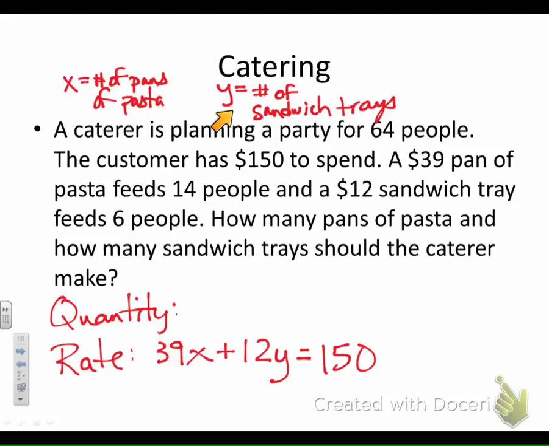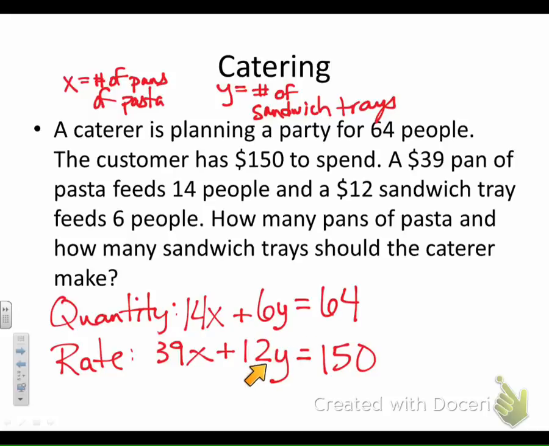How many people are served with each sandwich tray? 14 per pan of pasta, 6 people per sandwich tray, and I am going to be serving a total of 64 people. So sometimes a quantity and a rate may not be so clear, but you should always have probably at least one rate equation.